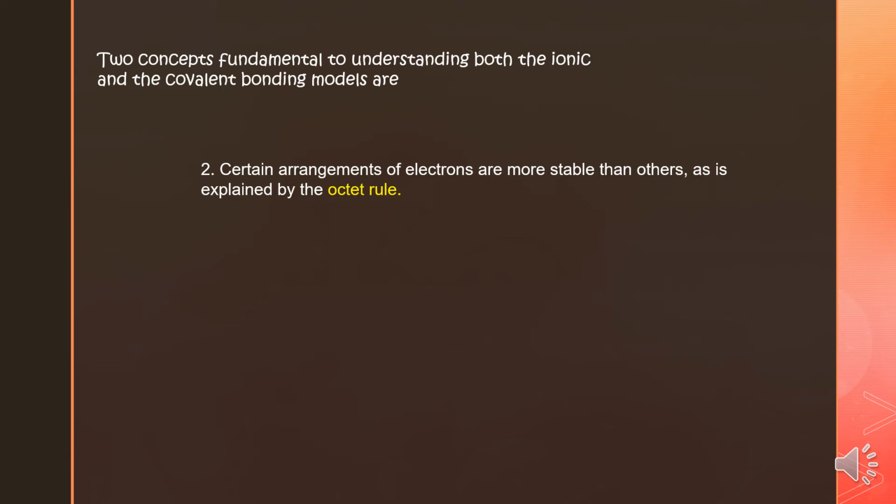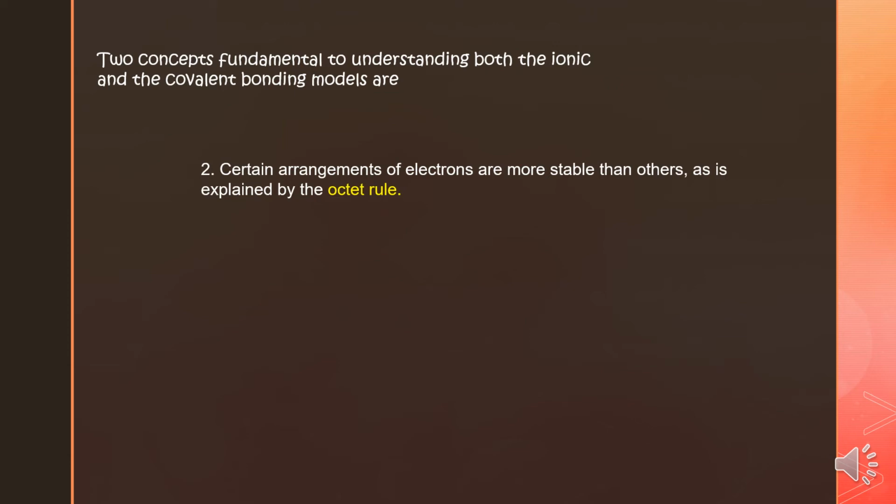A Lewis symbol is the chemical symbol of an element surrounded by dots, wherein the dots are equal to the number of valence electrons present in the atoms of the element.